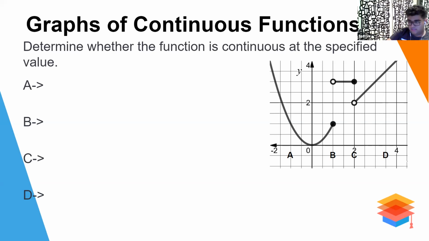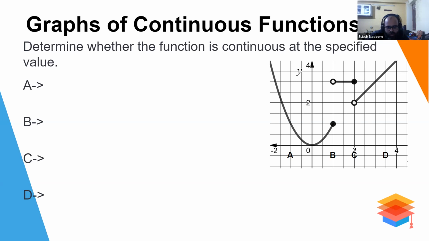Yes, we can continuously draw. It is continuous at A. Then at B, it is discontinuous, and at C, it's continuous. No, it's discontinuous. And D, it's continuous. Fine.